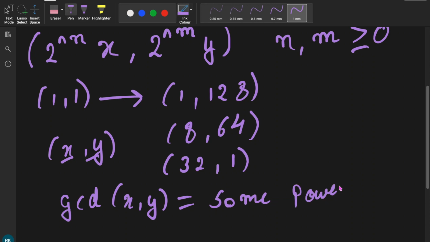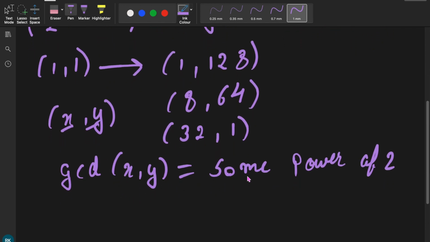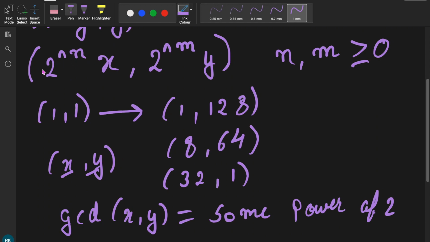To be very specific, it will be the minimum of 2 to the power n comma 2 to the power m, but we are not concerned with it right now. So the GCD of x comma y, if we only perform this step, will be some power of 2.